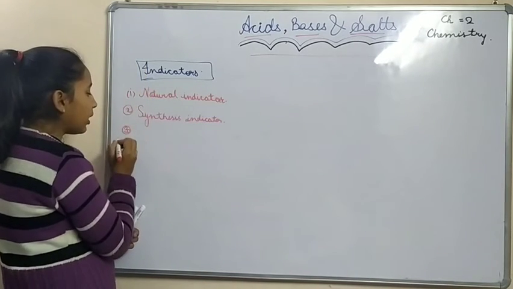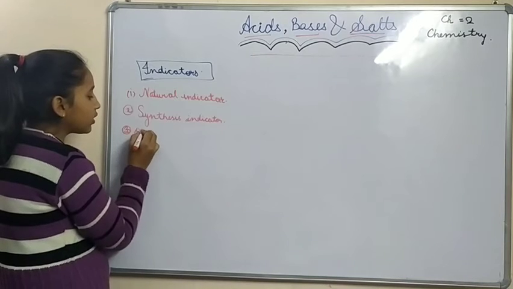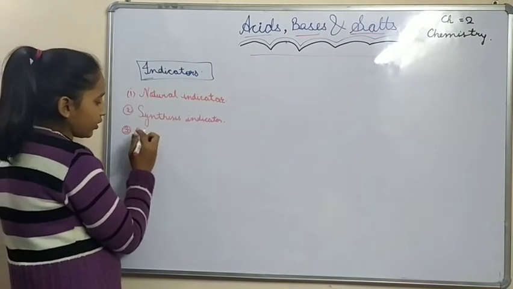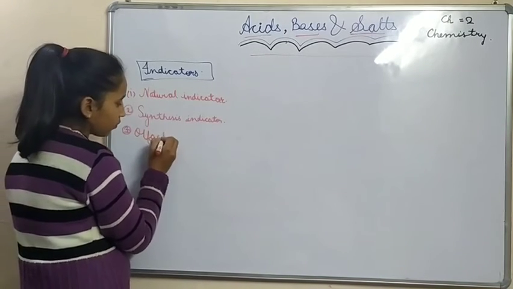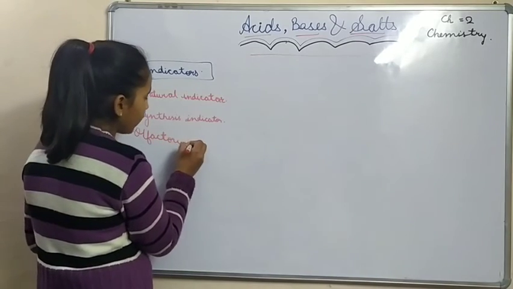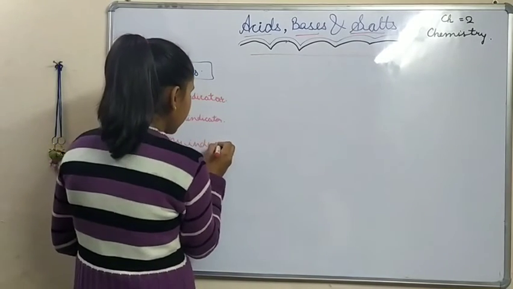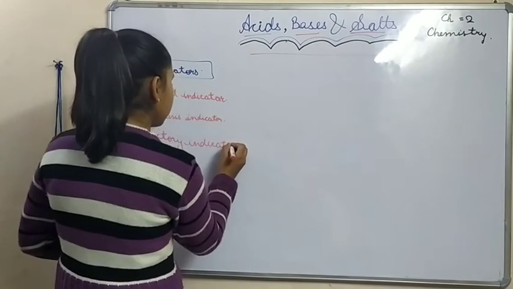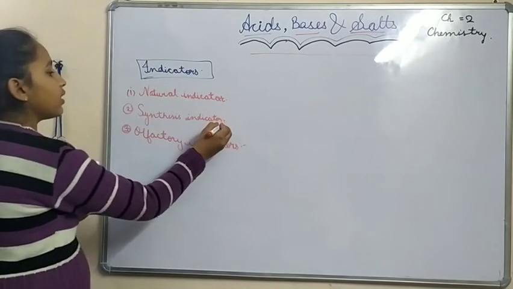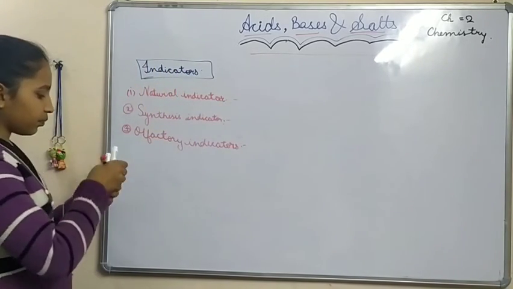And the third type of indicator is olfactory indicators. As their names are only suggestive.